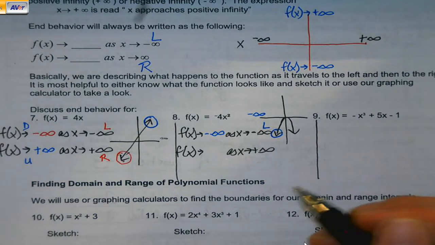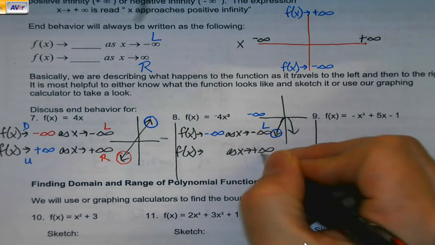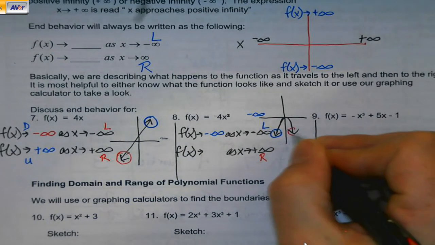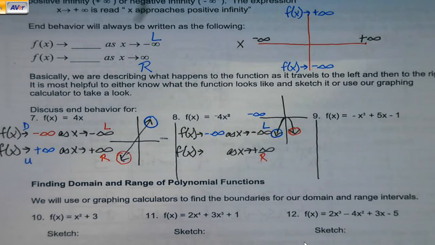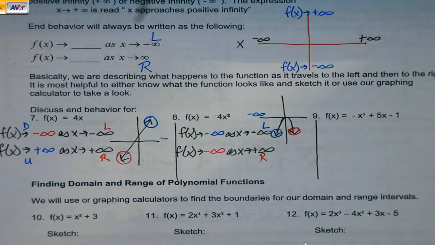And then I do the same thing for my second sentence here. As x goes right, find the arrow on the right. What direction is it going? Down. Put negative infinity. I'm done. And that really is all that we're doing as we mess with these.